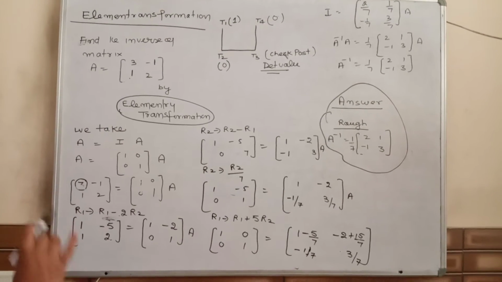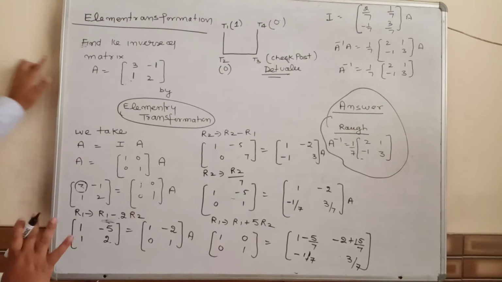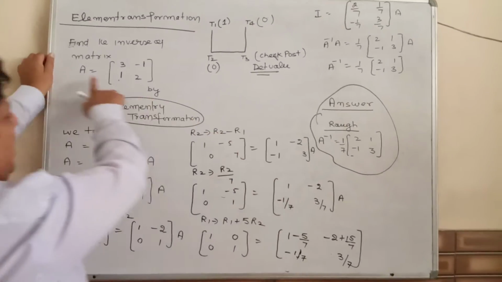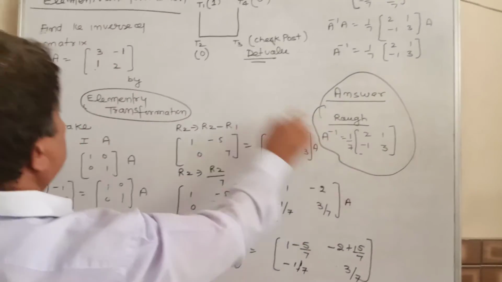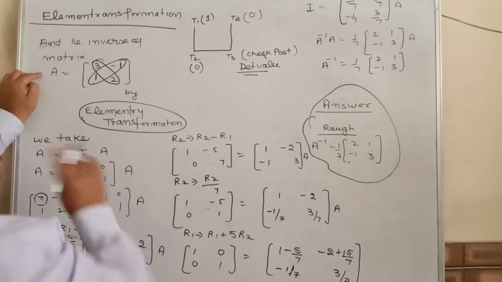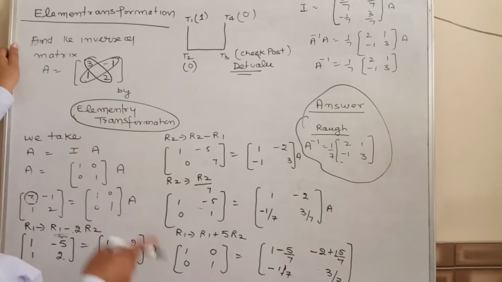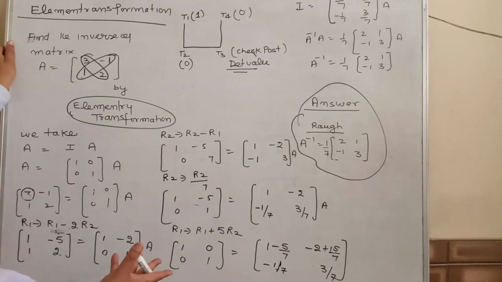Whenever we have to find the inverse of a matrix by elementary transformation, first of all, in rough, we should have the answer of this question, that is the inverse, and the determinant value. If I had proceeded in the previous lecture, I did not know the concept of the determinant.